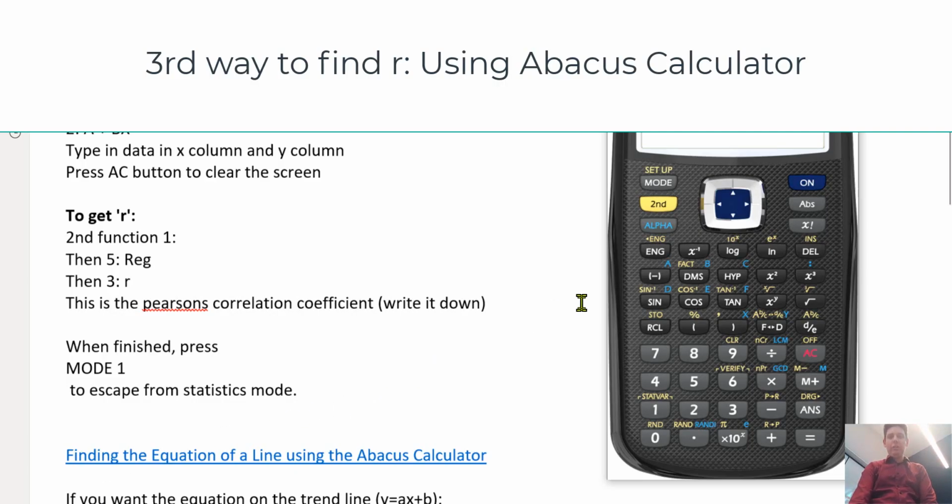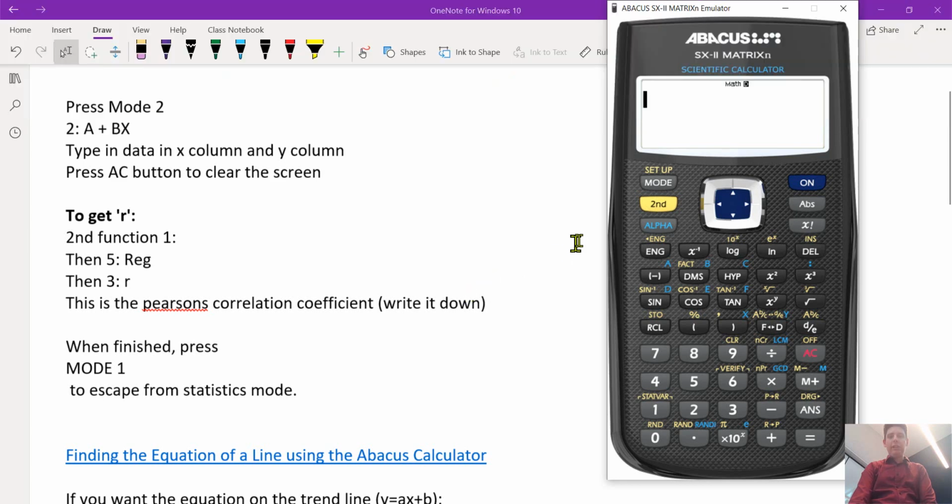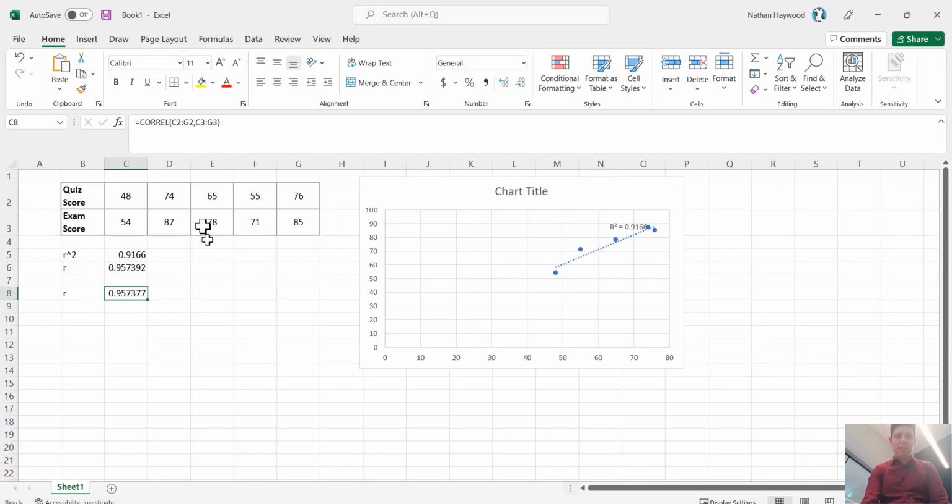Okay, so following along with me, this is the third method. So go mode, press the number 2, press the number 2 again, and you get this. Okay, we're going to type in all the data.